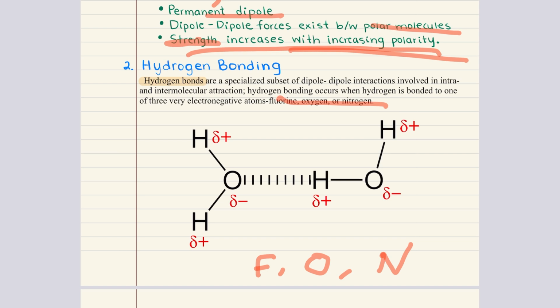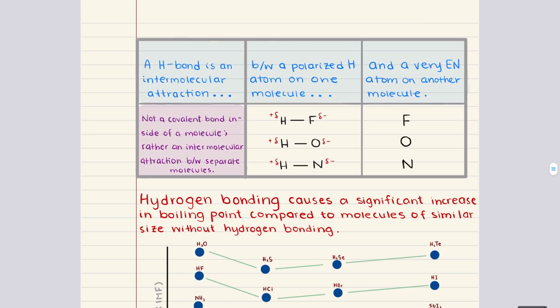These atoms pull electron density strongly towards themselves, leaving the hydrogen with a significant partial positive charge. This highly polarized hydrogen is then attracted to the lone pairs on a fluorine, oxygen, or nitrogen atom in a neighboring molecule, and in this manner, it forms a hydrogen bond. So for hydrogen bonding to occur, two key conditions must be met.